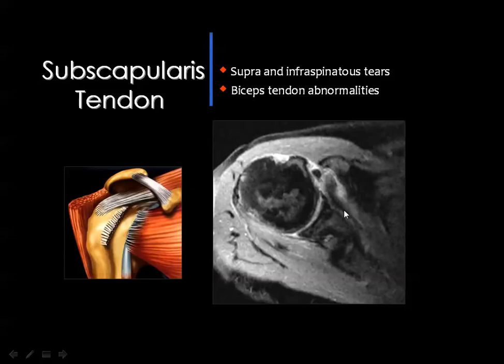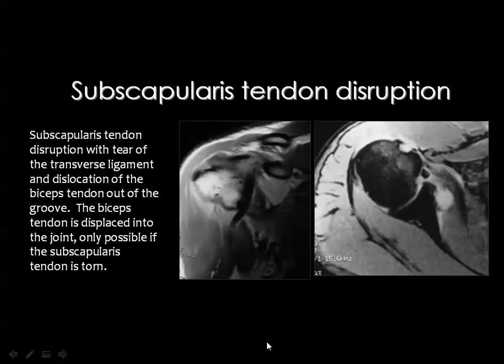This is the subscapularis tendon which is torn and is not reaching the insertion site in the lesser tuberosity, and this is the biceps tendon which should be here in the bicipital groove, but because of the rupture of the subscapularis tendon, the biceps tendon is now dislocated outside the groove.